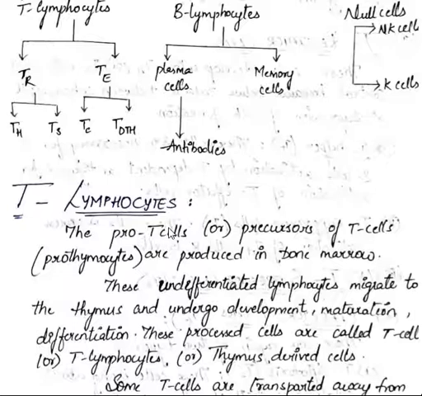Yes, we had discussed this in the primary lymphoid organs. Each and every cell of the body is going to be synthesized in the bone marrow region only. And these T lymphocytes are also going to be produced in the bone marrow, but they are going to be called prothymocytes. And these prothymocytes enter into or migrate to the thymus organ and undergo development, maturation and differentiation.